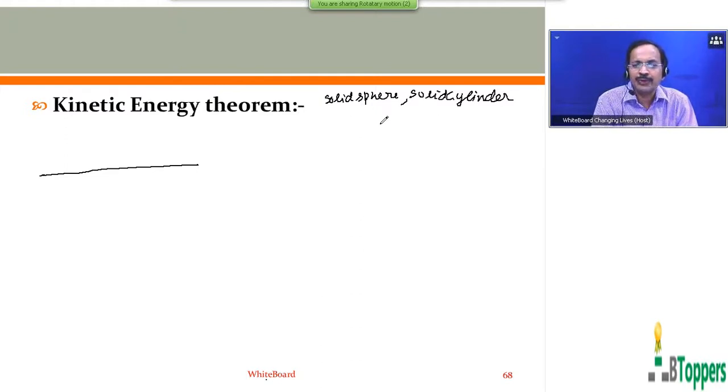That means whatever discussion I am going to do at present will be applicable in the case of combined translational rotational motion of a regular object of uniform mass density, where the position of the center of mass coincides with the geometric center, and the body has a circular cross section. For example, a uniform solid sphere or uniform solid cylinder or uniform circular disc or uniform hollow spherical shell.